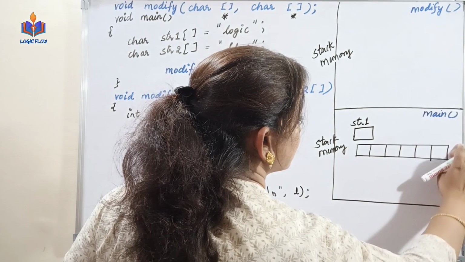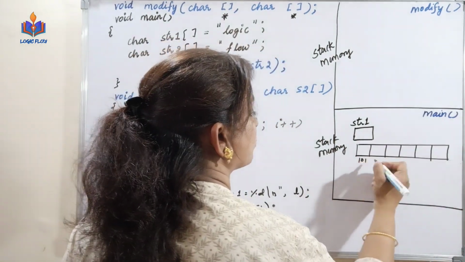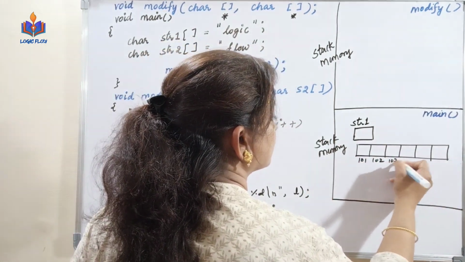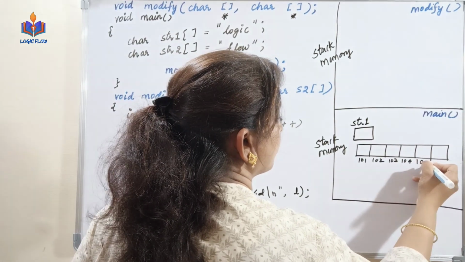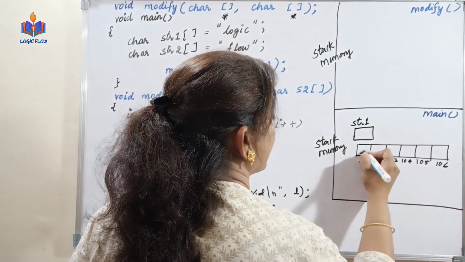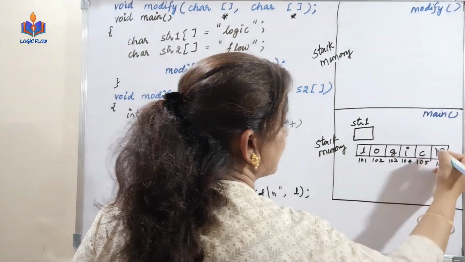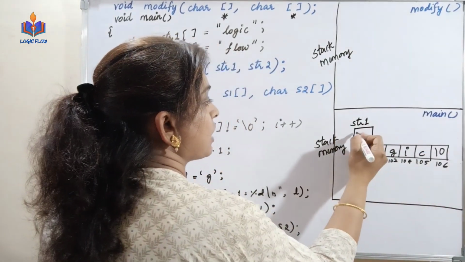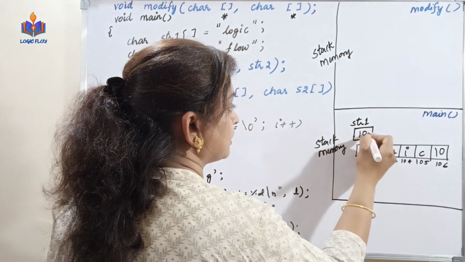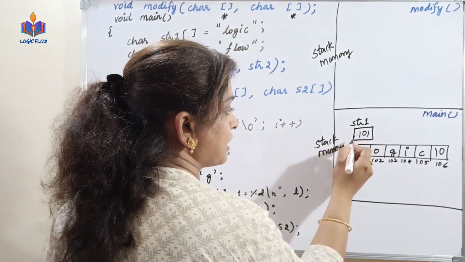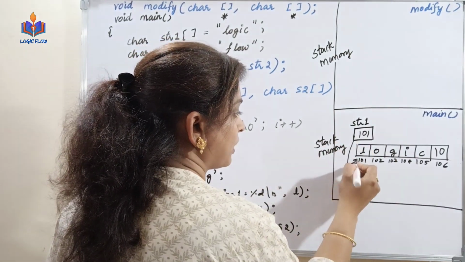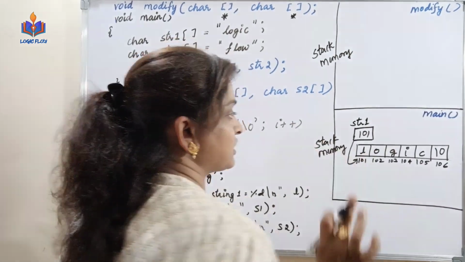Say the addresses are 101, 102, 103, 104, 105, 106: L, O, G, I, C and a null character. So this str1 is acting as a pointer, so it will have the base address. It will be pointing to the address of the first element.